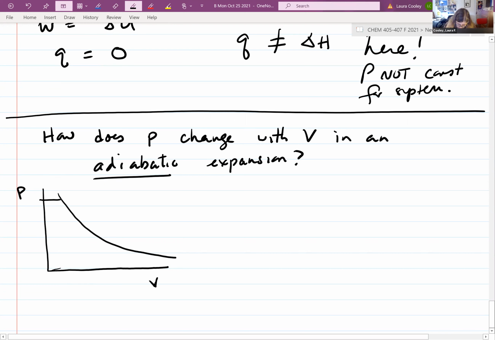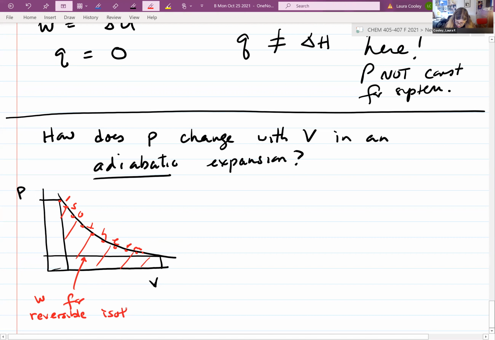In the isothermal expansion, this is an isotherm here. As that gas expanded, its pressure drops along the isotherm, and the work is the area underneath, right? So this is the work for reversible isothermal expansion.